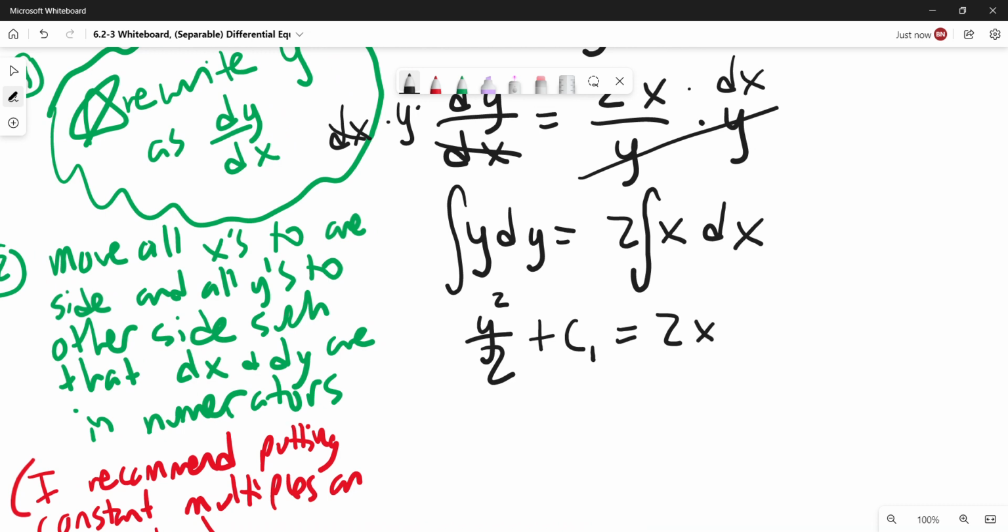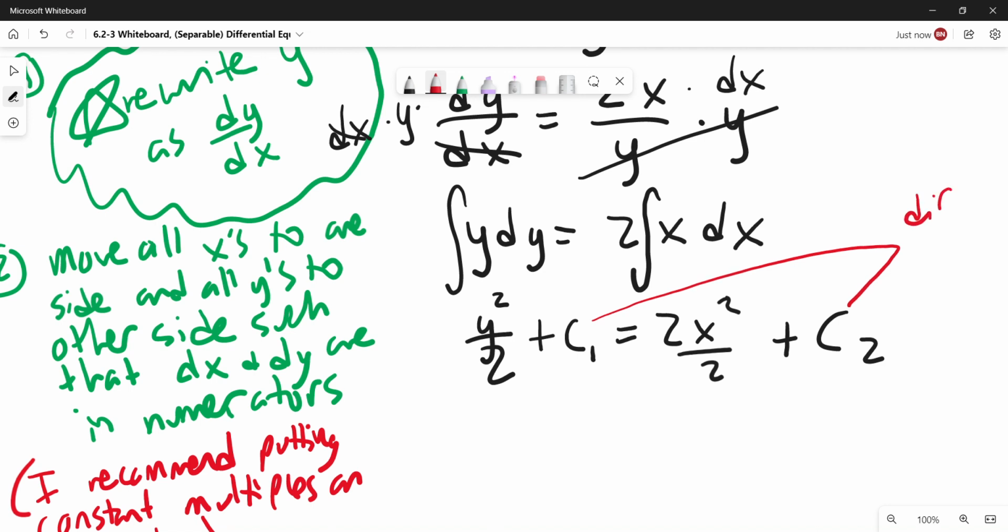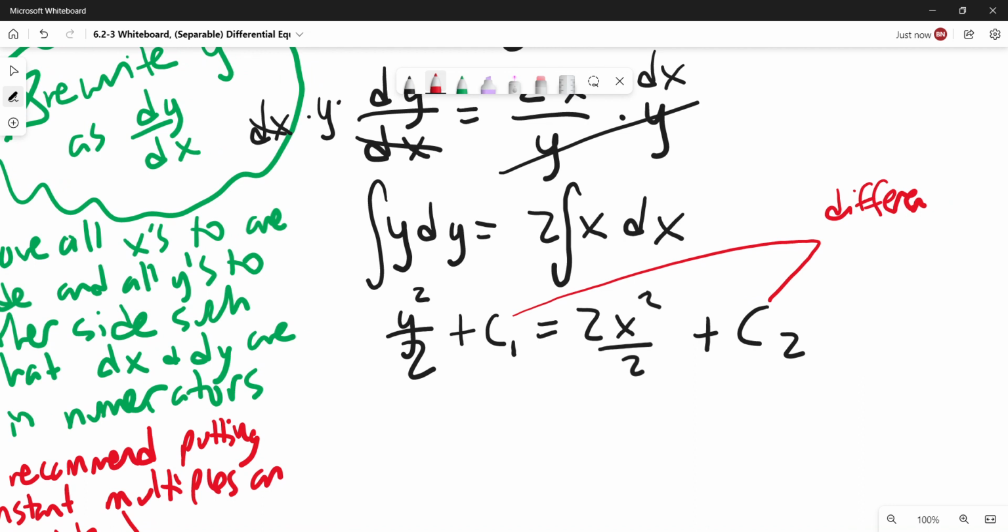Equals 2x squared over 2 plus another c, if I call that c2, all right? So these are presumably different c's, different constants. I guess it's possible they're the same, but we don't know that. Likely different.